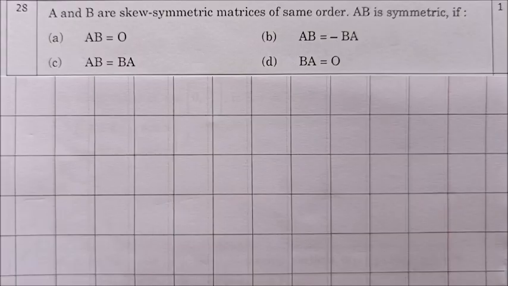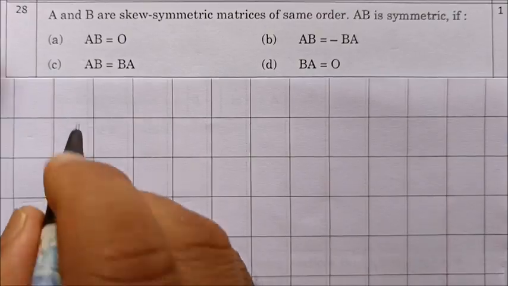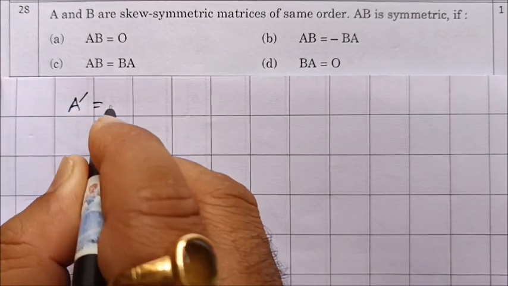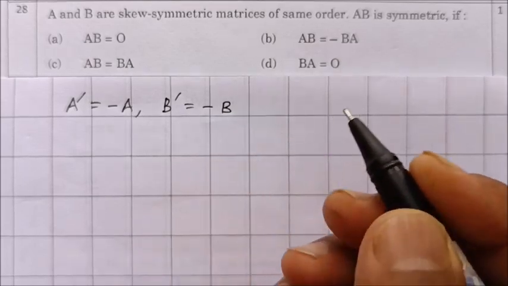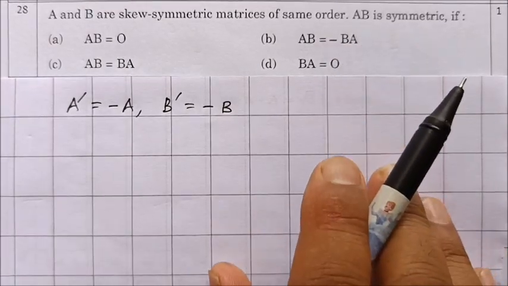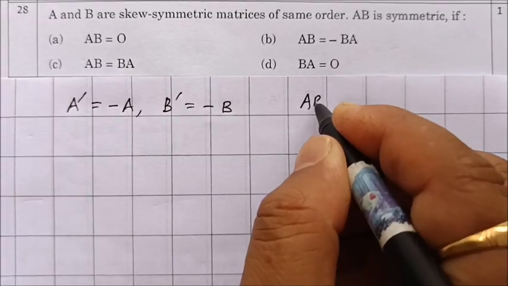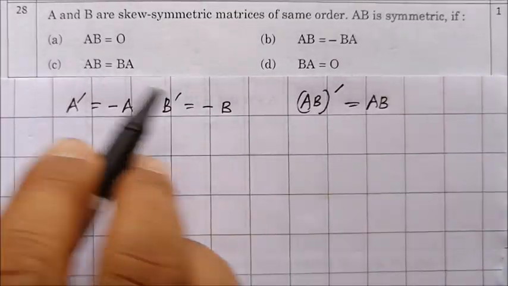Question number 28. In this question, A and B are skew symmetric matrices. So A dash will be minus A and B dash will be minus B, skew symmetric matrices. AB is symmetric, that means AB dash should be equal to AB. Under what condition?